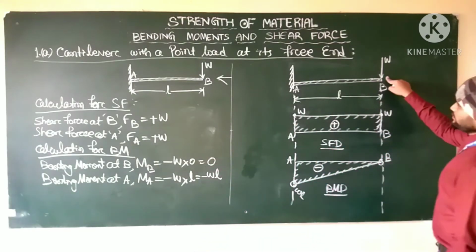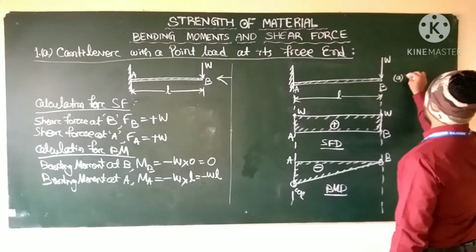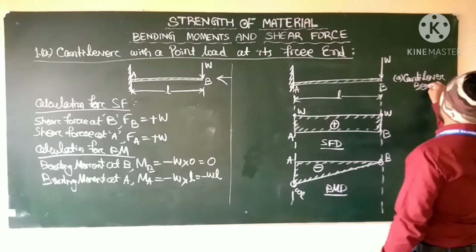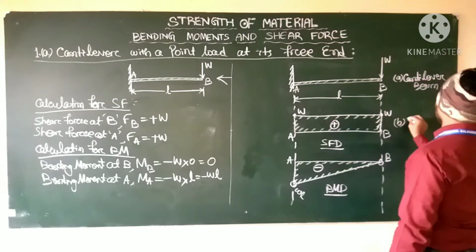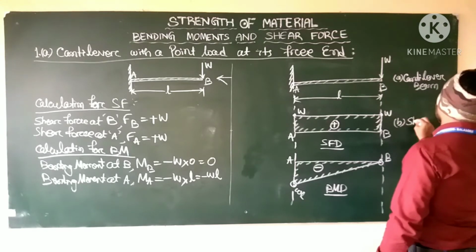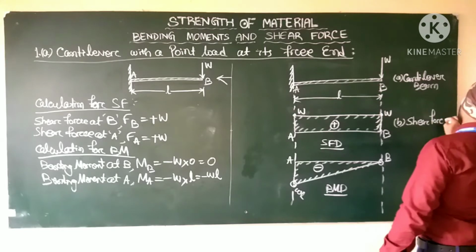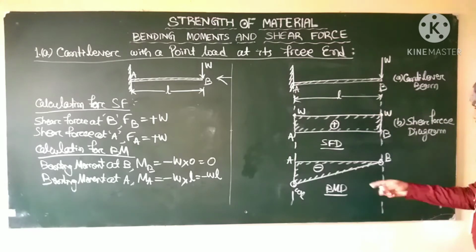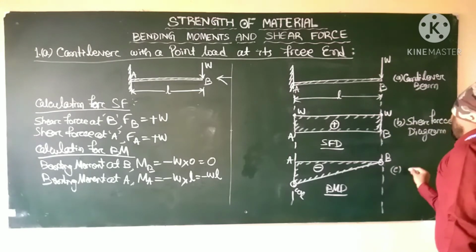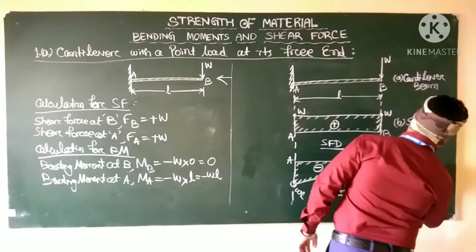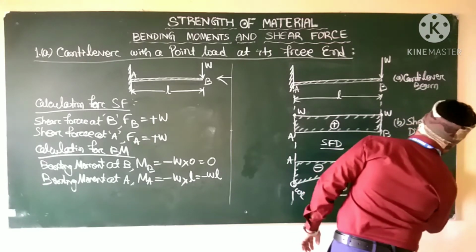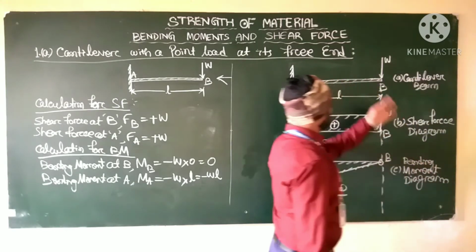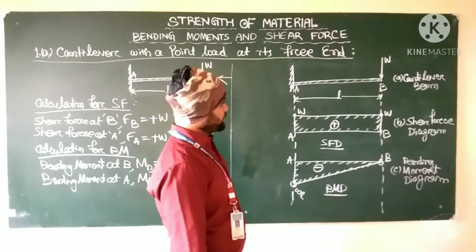So here is what will happen. It is the cantilever beam. Figure B is your shear force diagram, and figure C is your bending moment diagram. Three figures: here is the shear force diagram, here is the bending moment diagram.